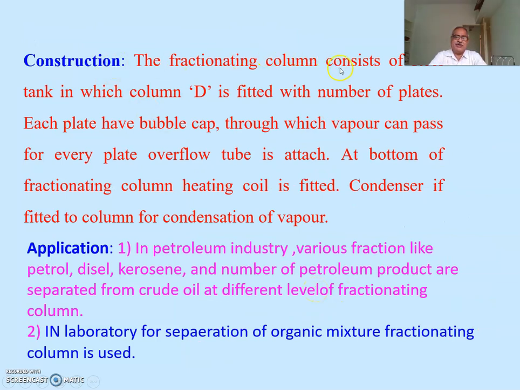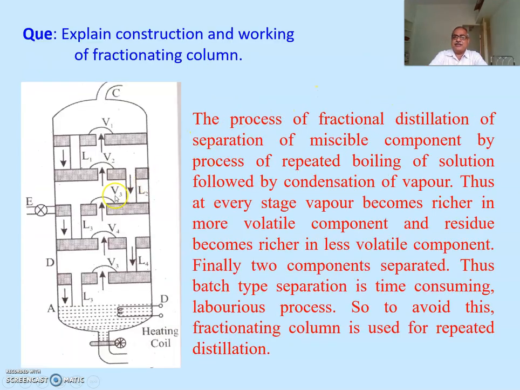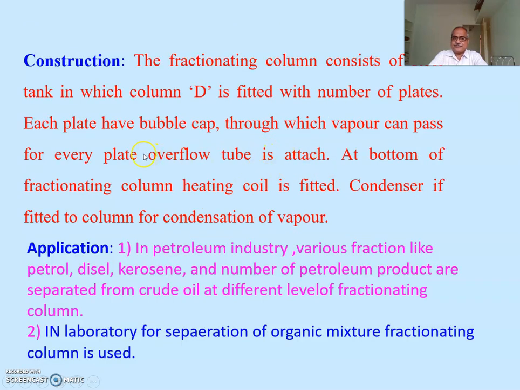The fractionating column consists of a steel tank, and the column D is fitted with a number of plates, and each plate has a bubble cap. Here you can see the bubble caps V1, V2, V3, V4, through which the vapor can pass. For every plate, an overflow tube is attached.